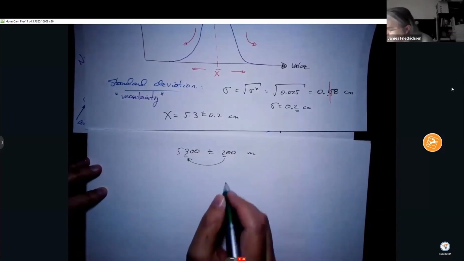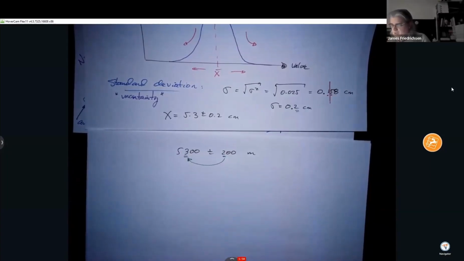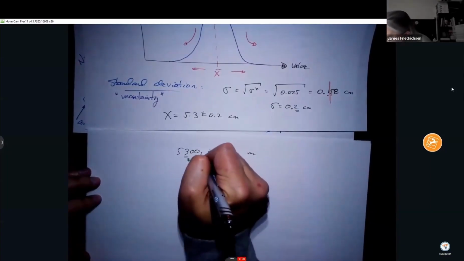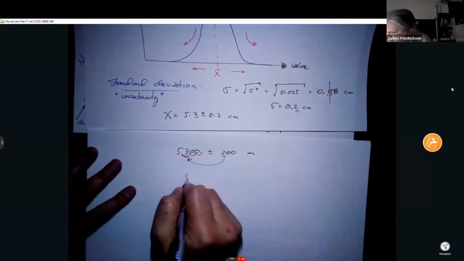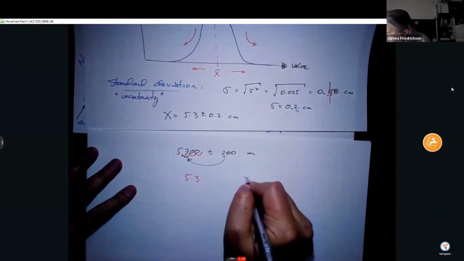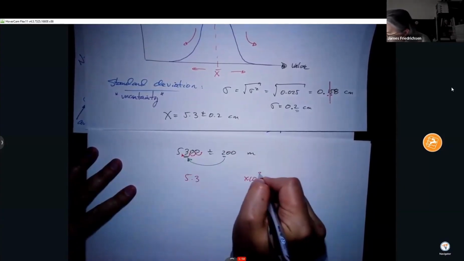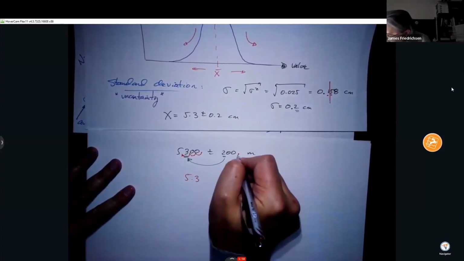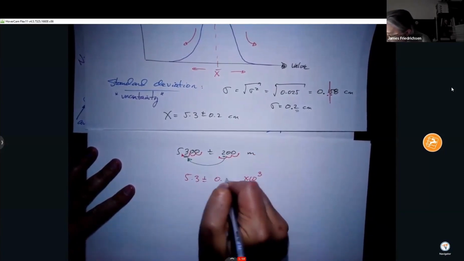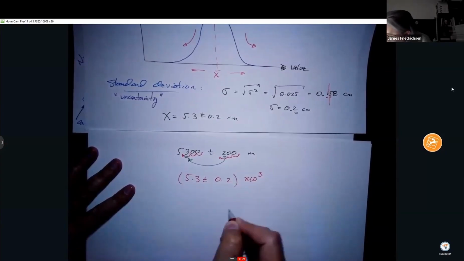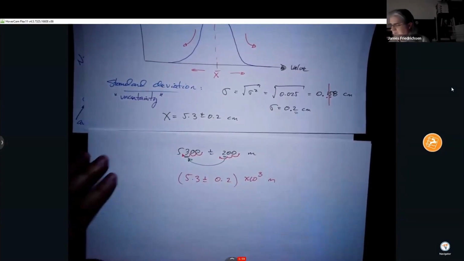So then these zeros just hold place. So what you would do is go 1, 2, 3 places to the left. That will make this 5.3 times 10 to the 3rd. And you do the same 3 here, 1, 2, 3. And so this would be plus or minus 0.2. All of that times 10 to the 3rd, and then whatever units you have.